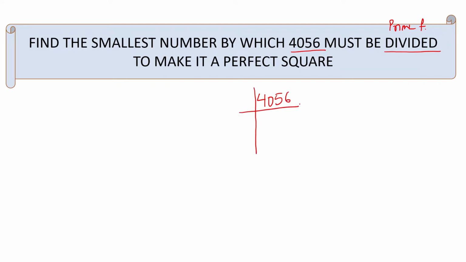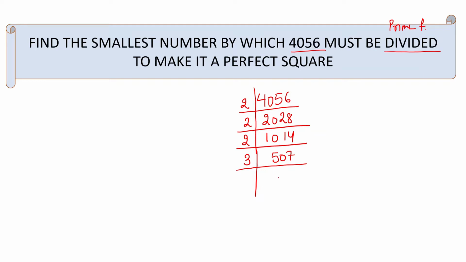Because it is an even number. 2, 2028, again 2, 1014 divisible by 2, 507 not divisible by 2, so we will go for the next prime number 3. It will give 169. Then 169 is a perfect square, that is why 13, 13, 1.